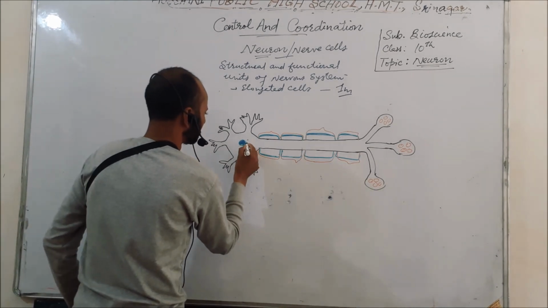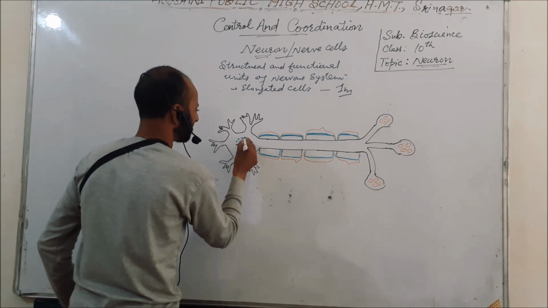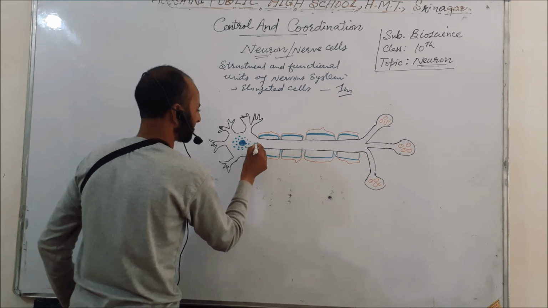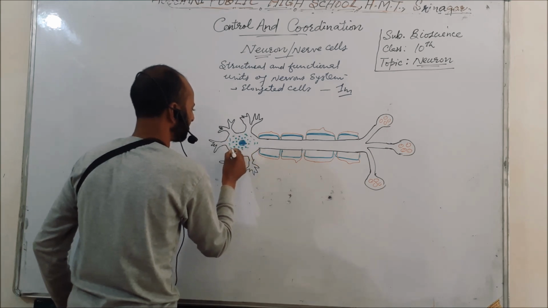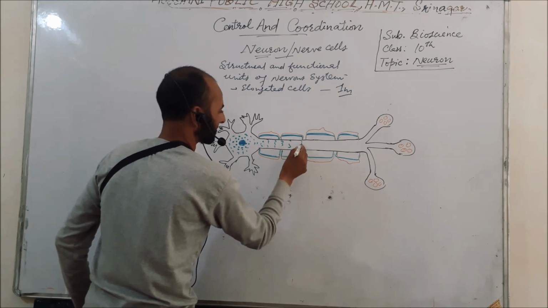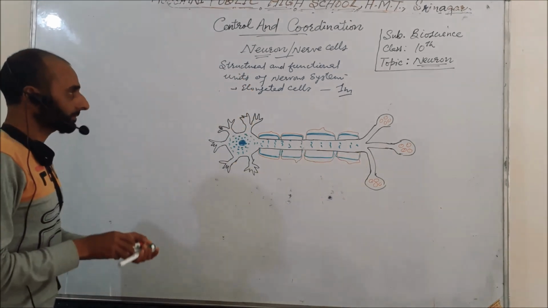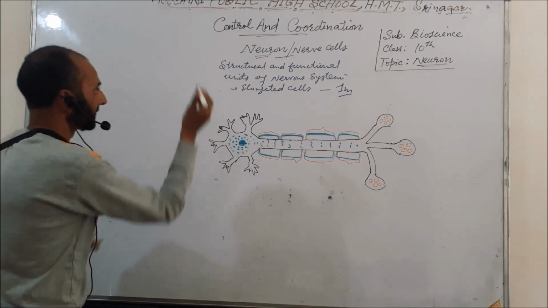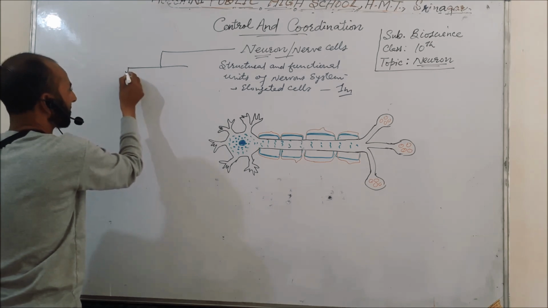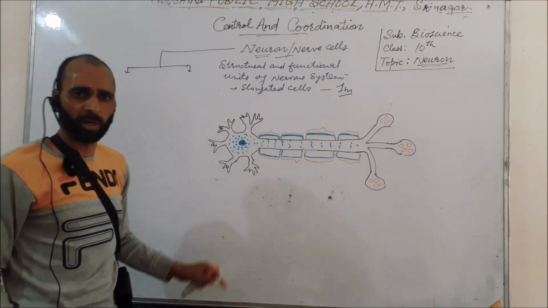There are small granules, rounded shaped structures, and there are small fibers that are also present in this part. Now, a neuron can be divided into two parts.